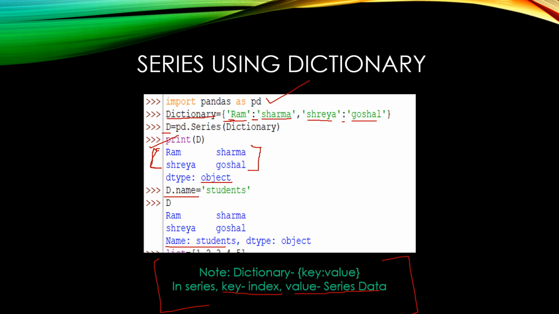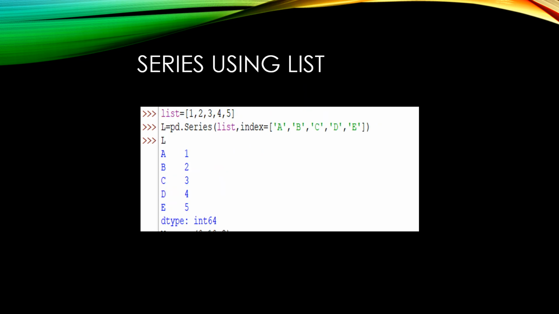Now we'll move on to creating series using list. First of all, we have created a list object equals to 1, 2, 3, 4, 5 written in square brackets. Then we have created a new object L in which we'll create a series using pd.Series.